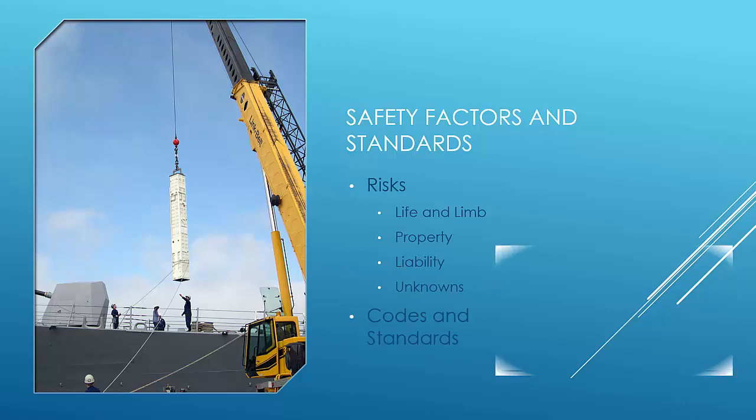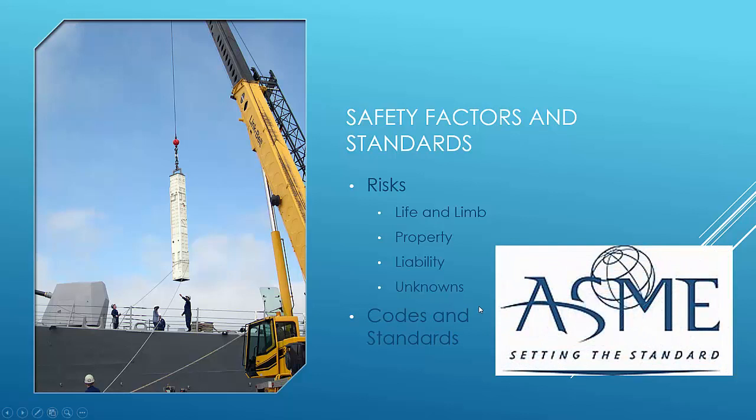Finally, and most importantly, actually, I saved the best for last here, are the codes and standards. So for this cable, perhaps for this hydraulic cylinder, for welds, for pressure vessels, there are codes out there by the American Society of Mechanical Engineers and many others, the American Society of Civil Engineers, American Institute of Steel Construction.